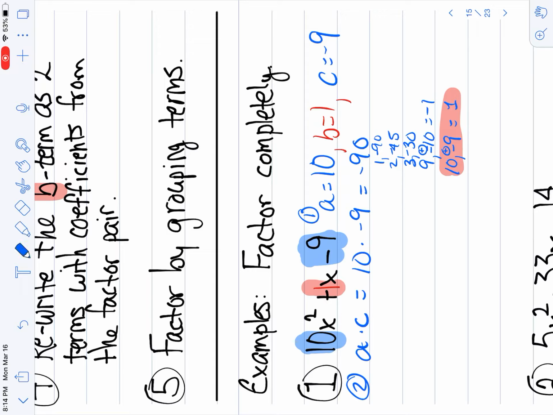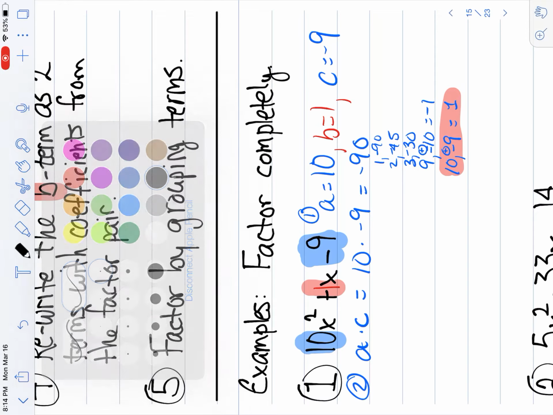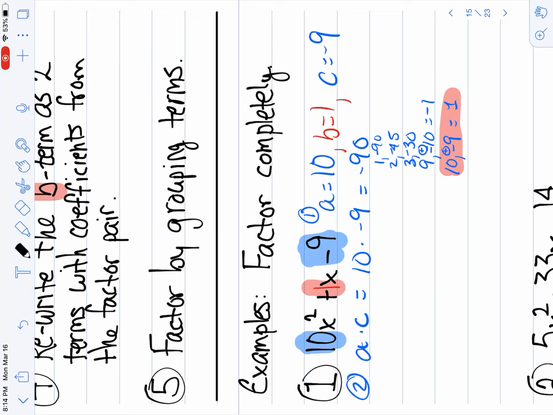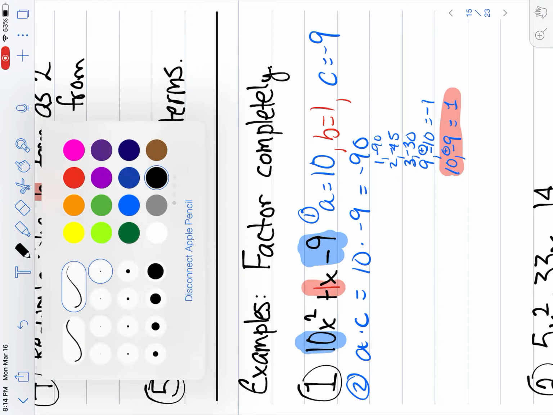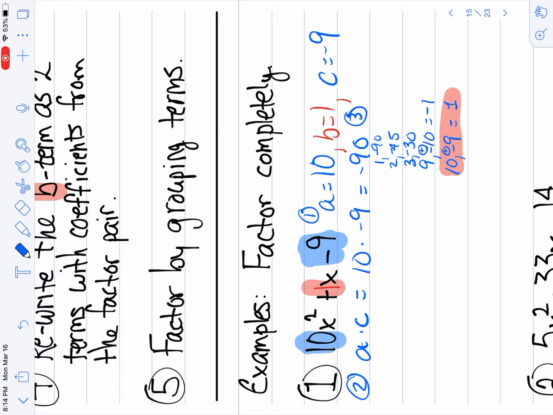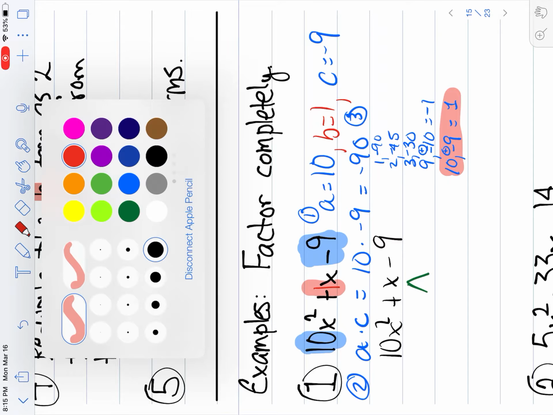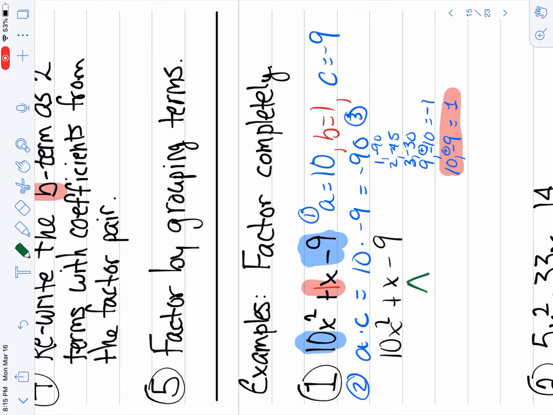Okay, so here's what I'm going to do. I'm going to rewrite the initial expression down here, and I'll mark this over here with 3 because we just did step 3. So now we're going to rewrite the expression. We have 10x squared plus x minus 9. And now we're going to split this middle term, and we're going to use each number from the factor pair.